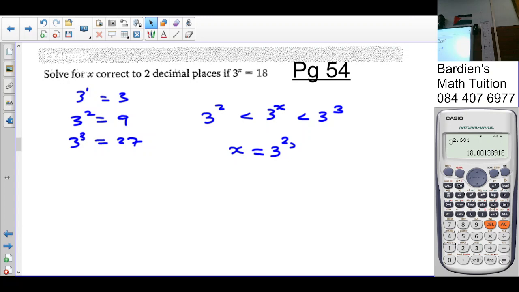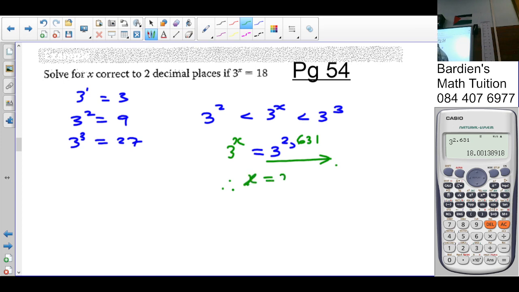Nice. So what's the number? 2.63. You guys understand? Remember I said 2 decimal places. So therefore x is equal to 2.6.